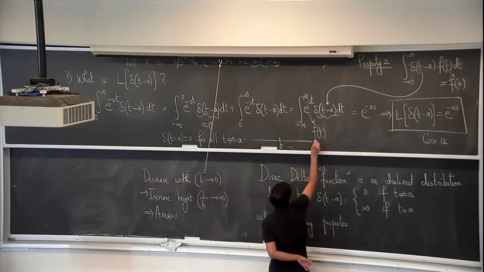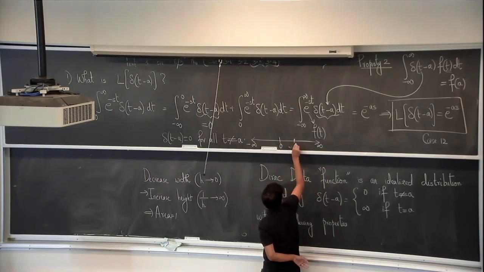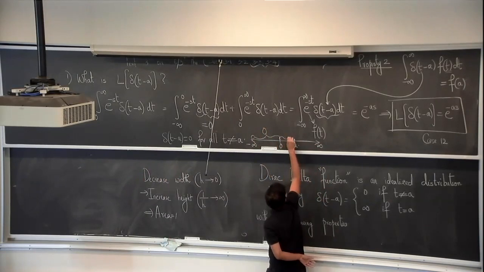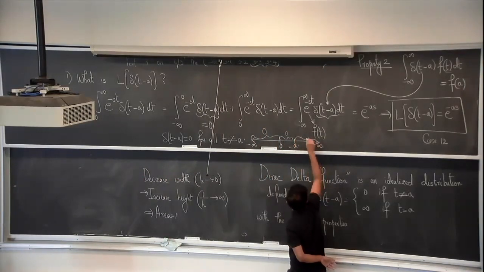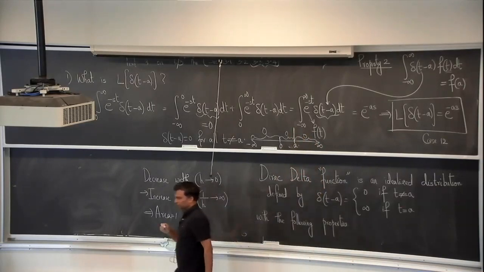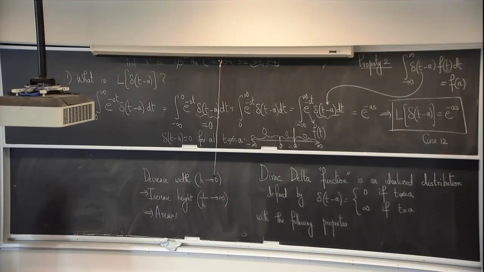This is 0, this is positive infinity, this is negative infinity, a is somewhere here. So this entire thing, the function is 0 here, it's 0 here, it's just a spike in this part. So I added that particular term just so that I could combine the two and use the property of the delta function.